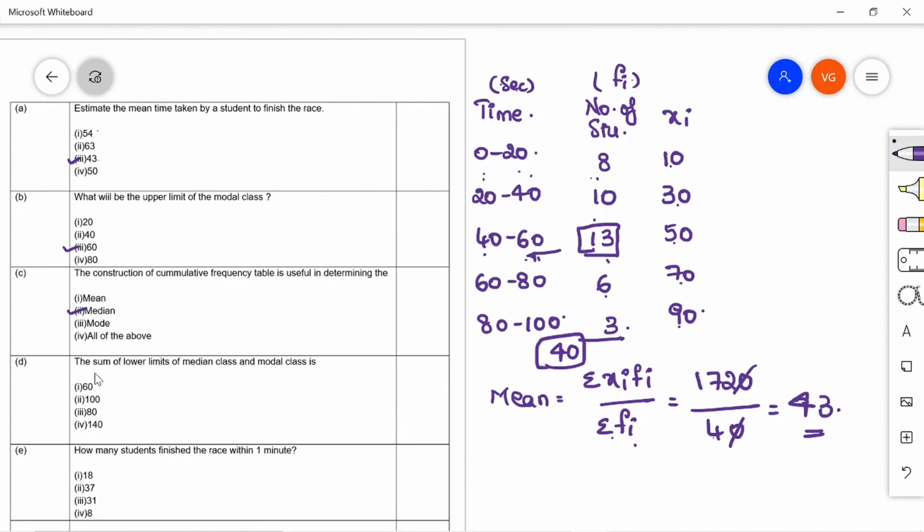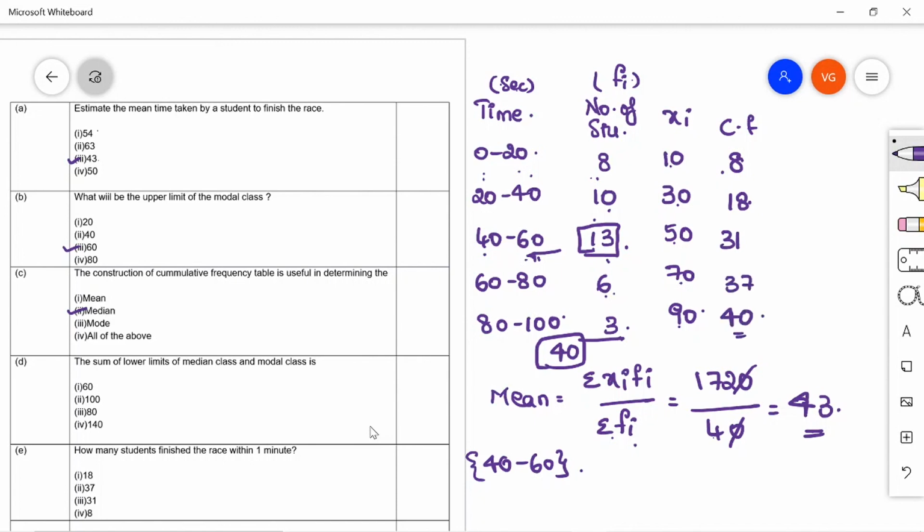Part D. The sum of lower limits of median class and modal class is. So in part B, we found that modal class is 40 to 60. To find out the median class, we need to write down the cumulative frequency. Let us do that. 8, 10 plus 8 is 18. 18 plus 13 gives me 31 plus 6, 37 plus 3, 40.